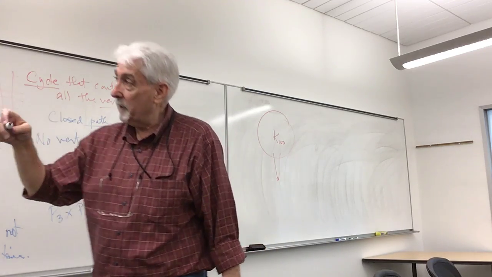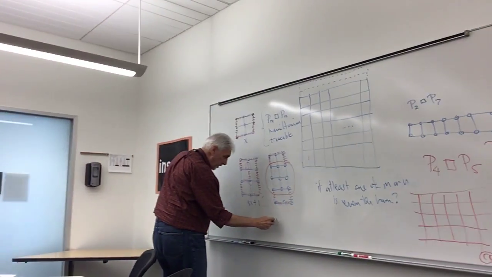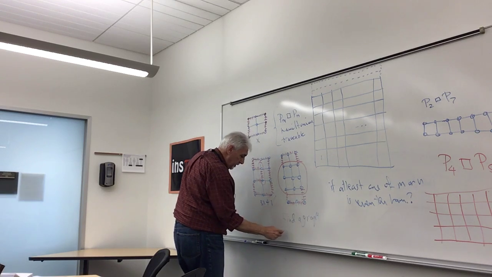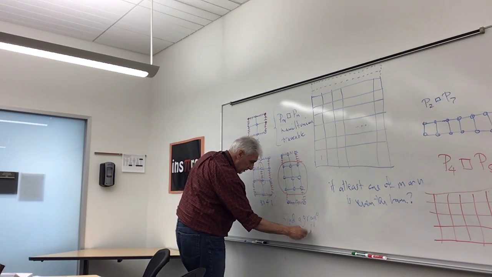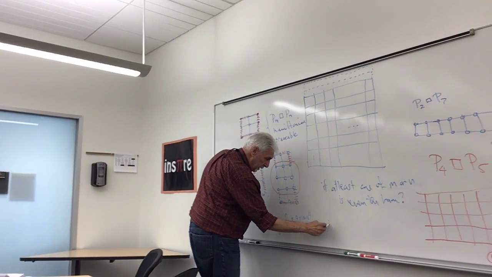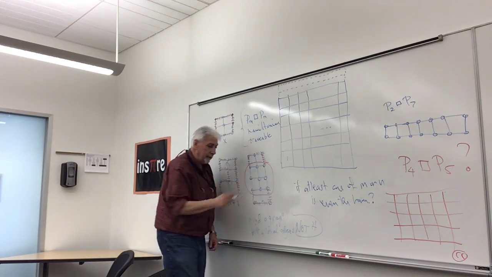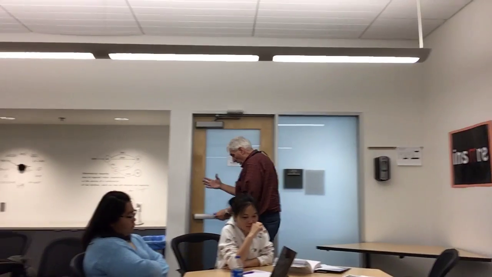So the next challenge is find a graph with a lot of edges that's not Hamiltonian. And when I say a lot of edges, let's talk about what I mean by a lot.